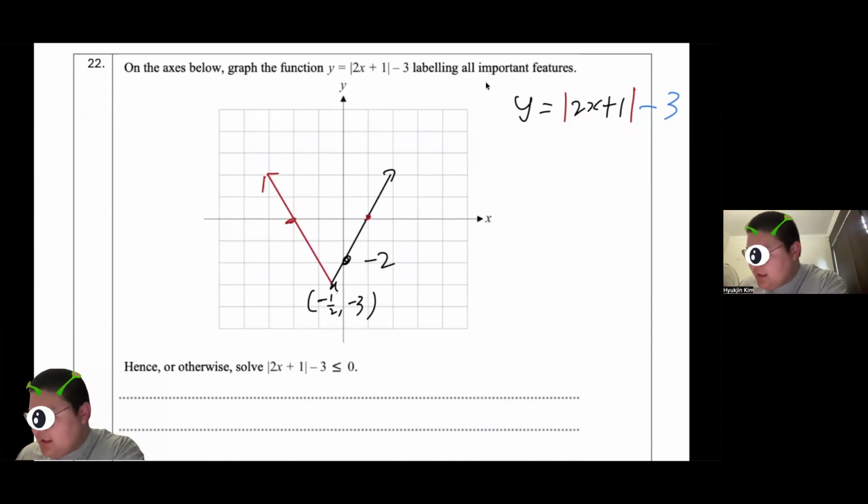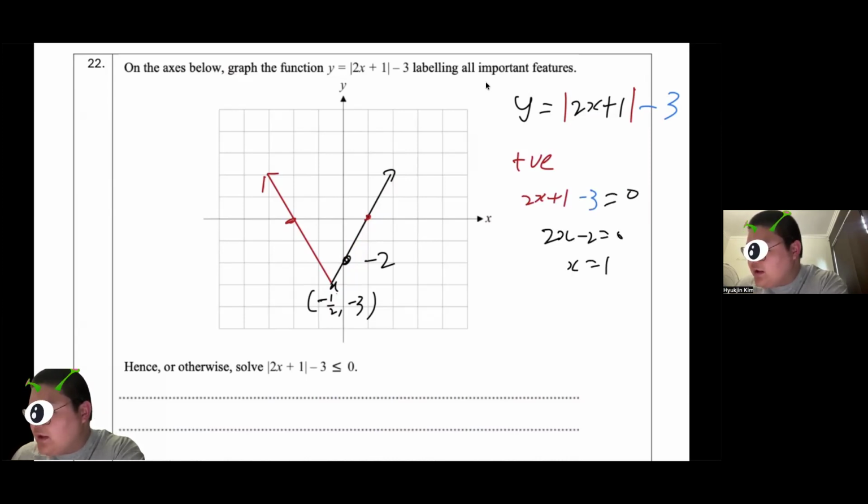So what are the values of x? Notice how this is the normal positive version of the 2x plus 1, and the -3. So all I need to do is assume the positive case. So now it becomes 2x plus 1 minus 3, and I'm solving for that to equal 0. So 2x minus 2 equals 0, x equals 1, which according to the scale is true.